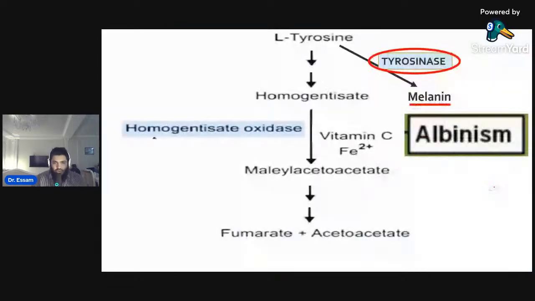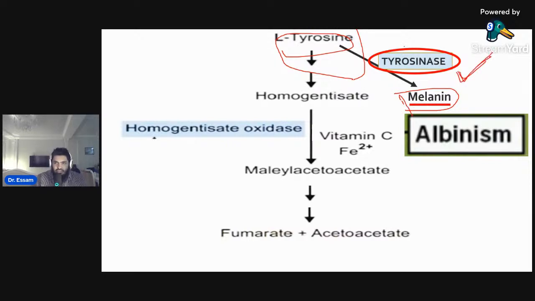Yes, so many of you have guessed it correctly. It is albinism. And very good, one student has also mentioned the cause. The cause is absence of the pigment known as melanin. So how did melanin become absent? We have already mentioned that the conversion of tyrosine to melanin happens with the help of the enzyme tyrosinase, right?